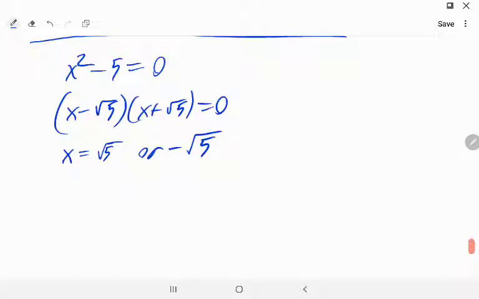We'll talk about that more in a later chapter. We're not ready for that just yet. But it's a nice example of having 2 solutions that are literally irrational solutions.